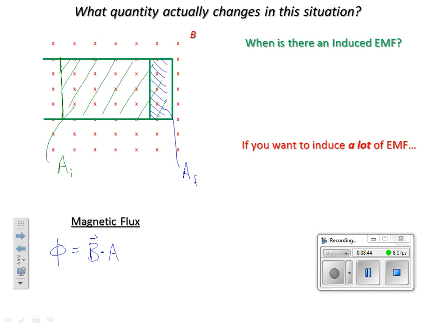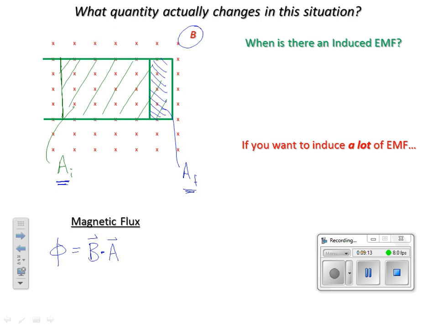Believe it or not, it's one of these: it's a B dot A. In the beginning, we had a certain B, the same B. B is what it is, there's just some value of B. And we had some initial area. That gives us some initial flux. Later on, we had a different area, and therefore a different flux.